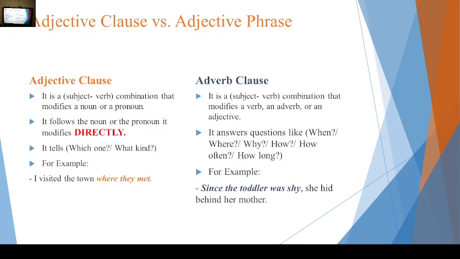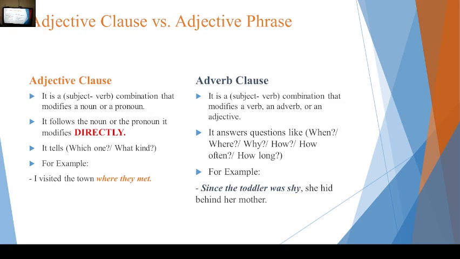So for example, when you say, I visited the town where they met, you have the clause where they met. Look here, it starts with the subordinating conjunction where. You have a subject, they, and a verb, met. You can't have it alone.